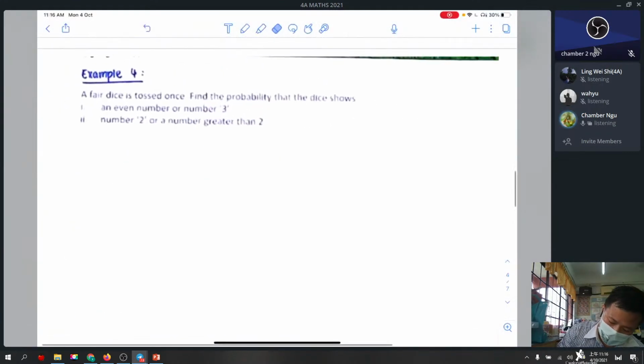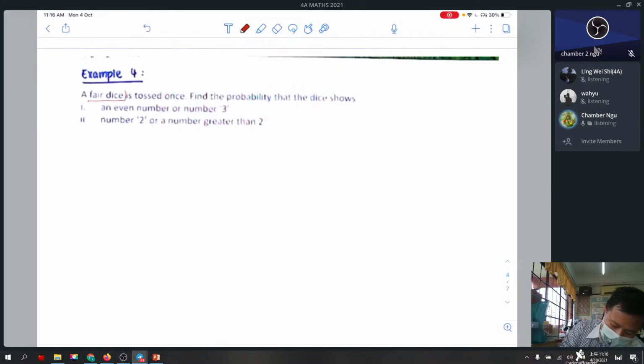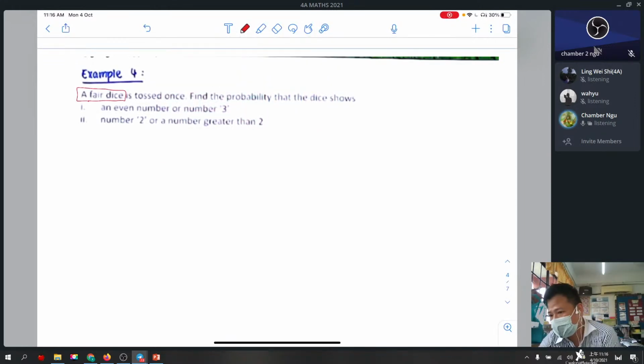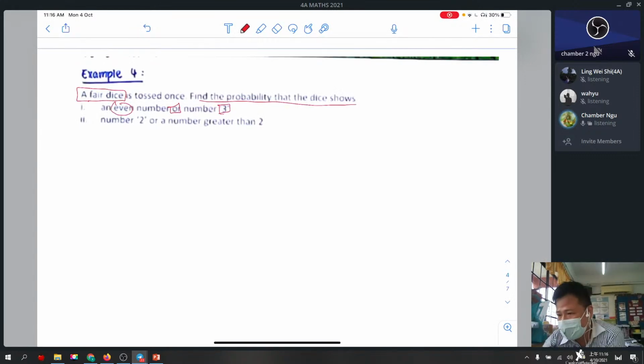Okay. So fair dice. Now we talk about fair dice. Maksudnya tadi ini adalah idea, no question on tidak ada ini main tipu. Find the probability that the die shows an even number or a number of 3. So that means we have two different kinds of set.